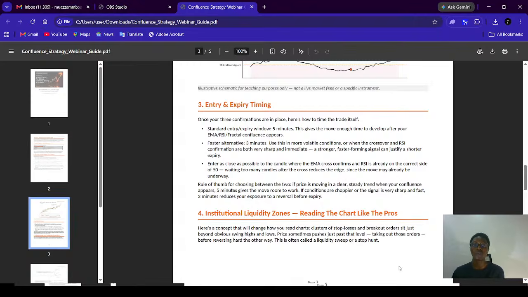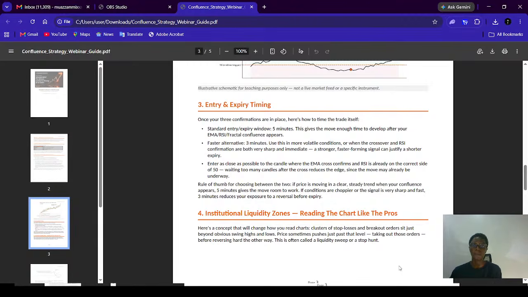Waiting for too many candles after the cross reduces the edge, since the move may already be underway. But sometimes it is important to wait for some candles, depending on what direction the market is going.